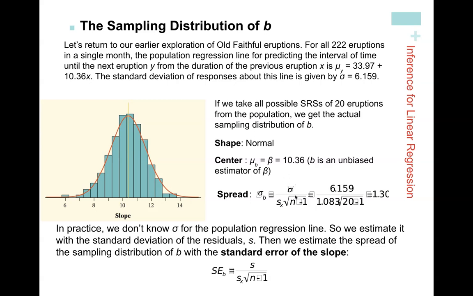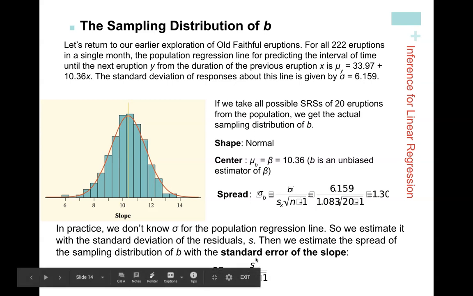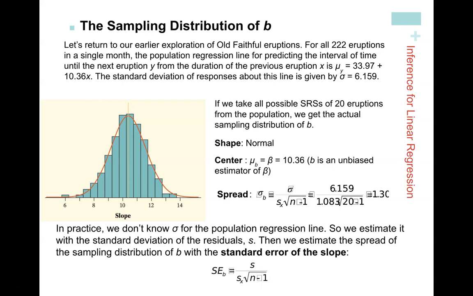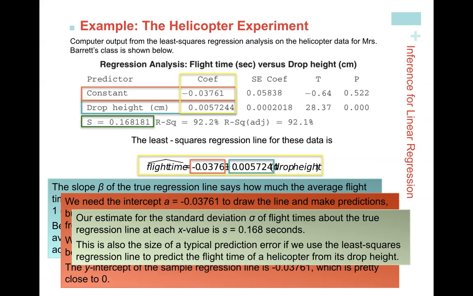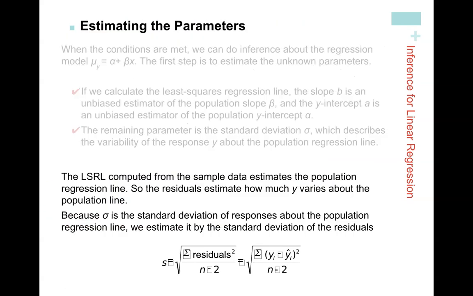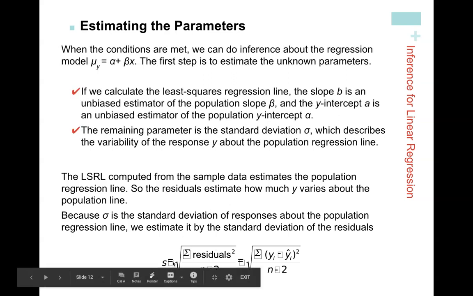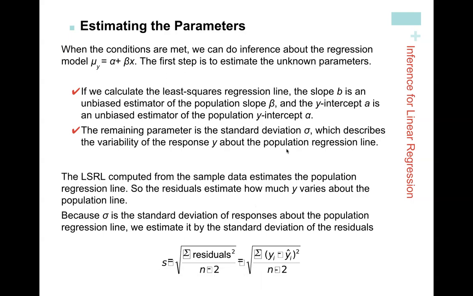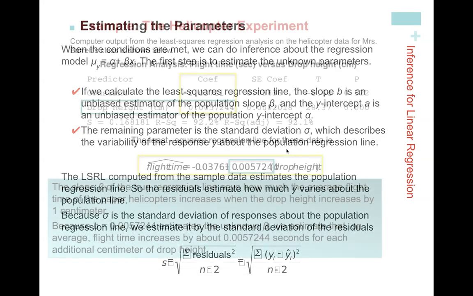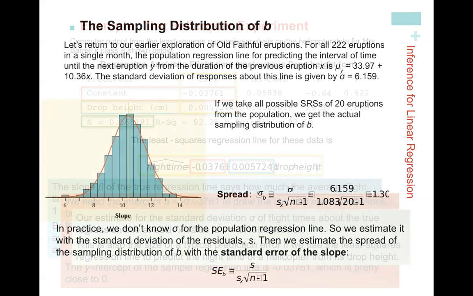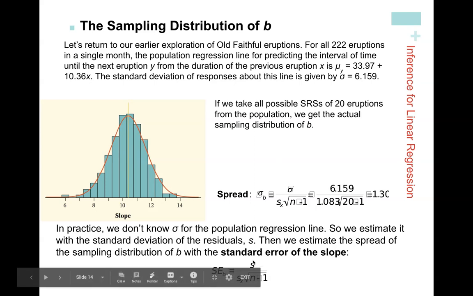So what do we always use instead of sigma? We use s in its place, which is the standard deviation of the residuals. What is the standard deviation of the residuals? It is this right here: s is the square root of the sum of the squared residuals divided by n minus 2.